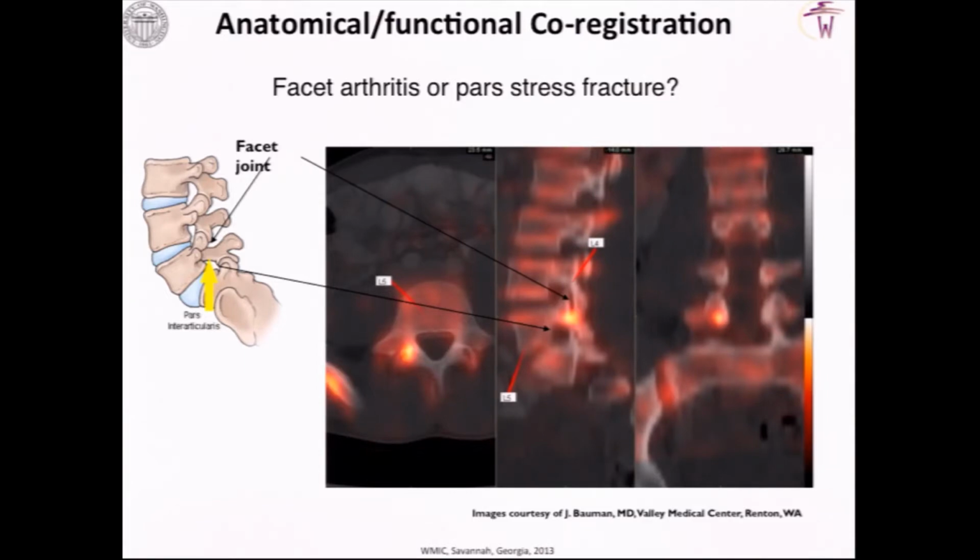By having the fused image, you're able to determine that the higher uptake area corresponds to a section of the pars area, and so this was a pars stress fracture.